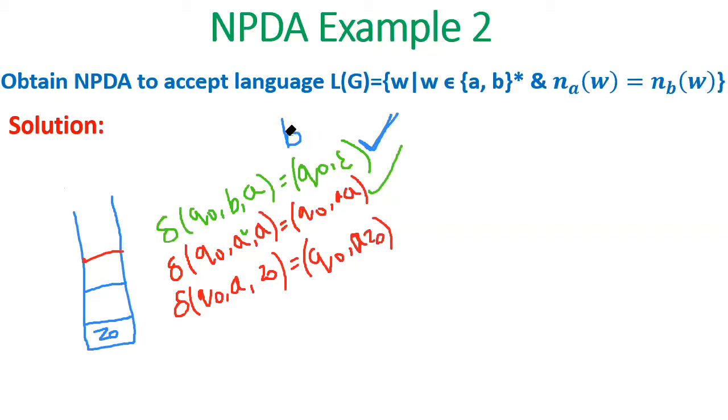Right? Now, what is the content of the stack? It is empty. What is the string you have got? It is also empty. So you say the given string, A, B, A, B, B, is accepted. And you can check there are equal numbers of A's and B's in the given string.